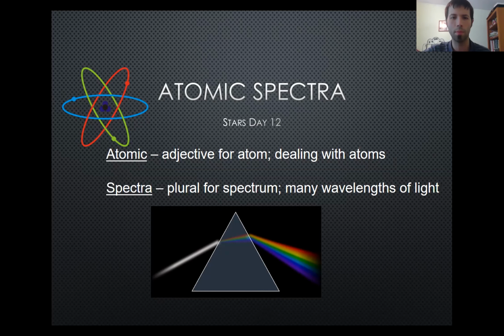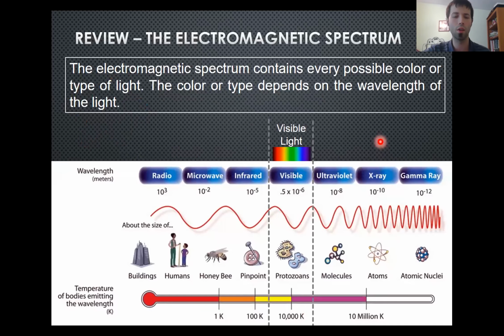So let's do a little bit of review. If you remember last week, or perhaps the week before, we talked about the electromagnetic spectrum. The electromagnetic spectrum is basically light. It's every possible wavelength of light. And what color a light is, or what kind of light it is, depends on the wavelength of the light.